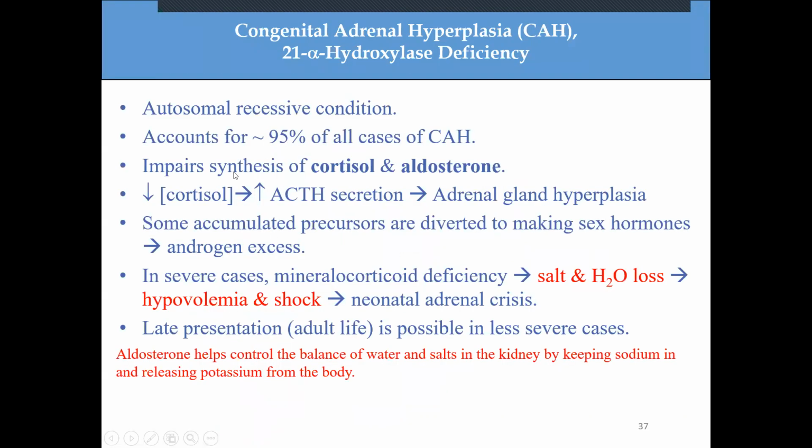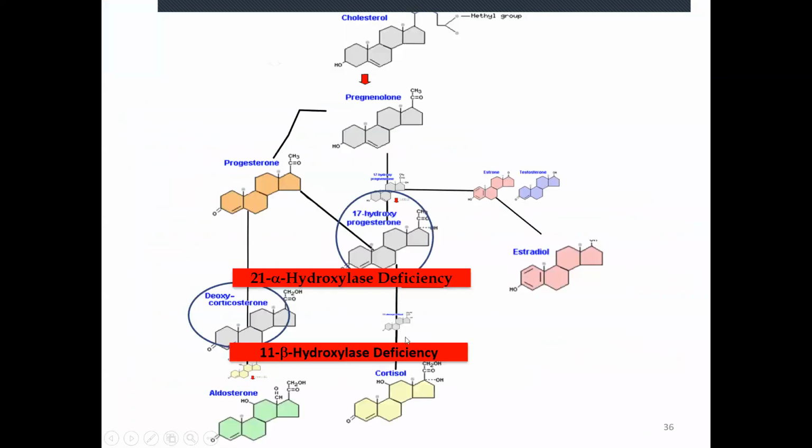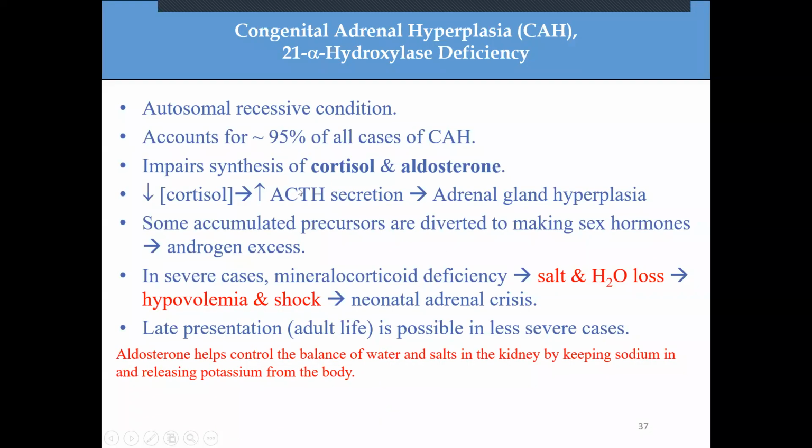So the first one is the 21-alpha hydroxylase deficiency, which we mentioned over here. It's autosomal recessive, and it's the most common cause. If you look here, because you're blocking at this level, you aren't going to get aldosterone and you aren't going to get cortisol. So the body will keep trying to signal to make these hormones, and the signaling molecule is ACTH.